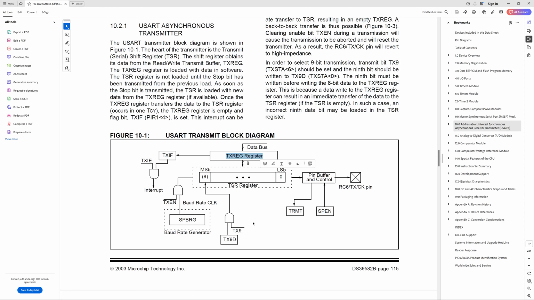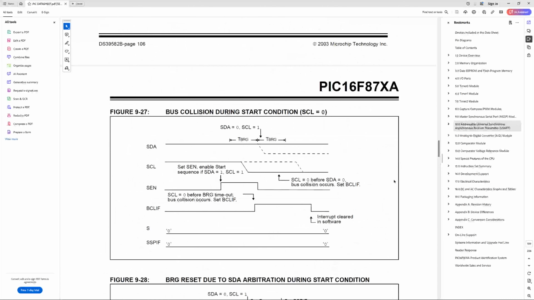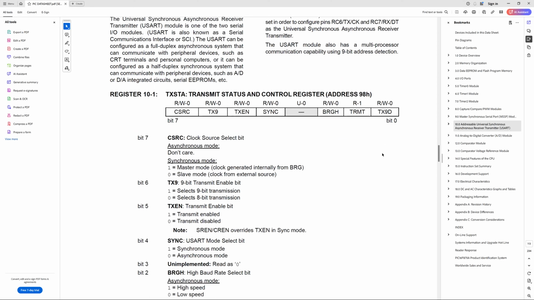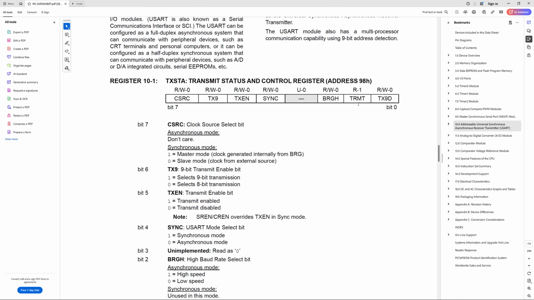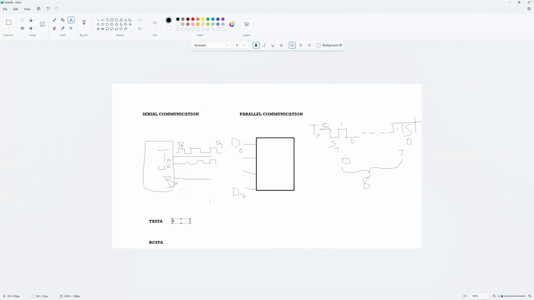To learn deeper, you can read the data sheet much more deeply if you want. So TX9D, we are not transmitting the ninth bit data here, so we will keep it 0. And TRMT is the monitoring flag. We don't have to do anything with that particular flag, so we are writing 0 there.